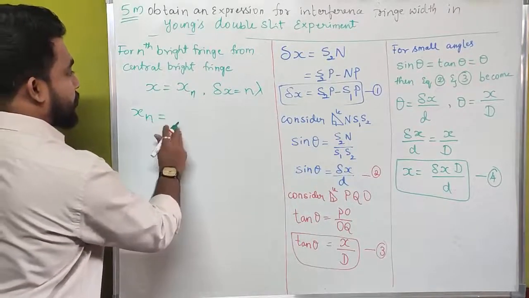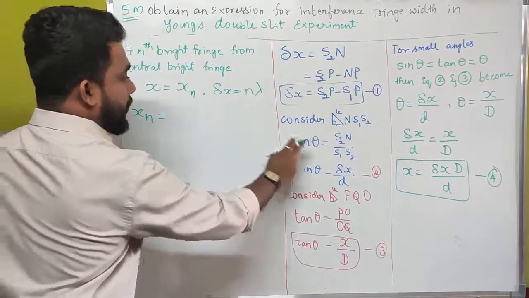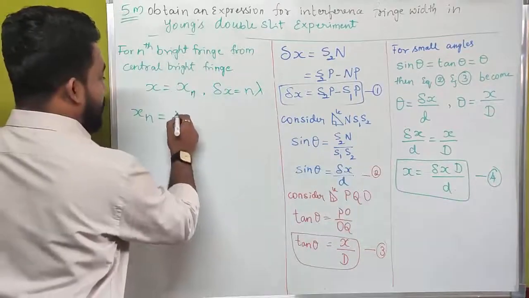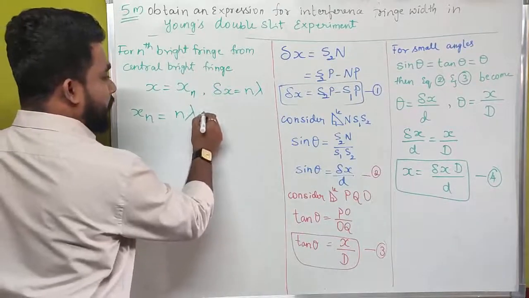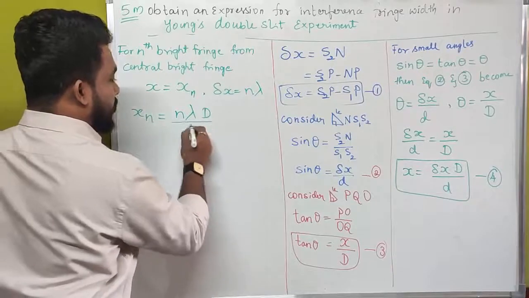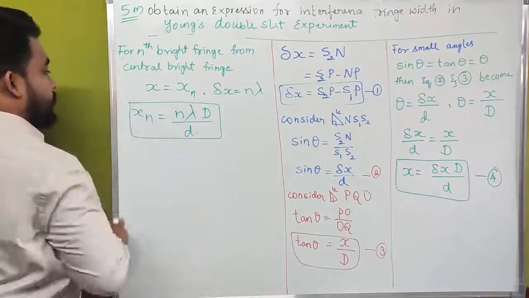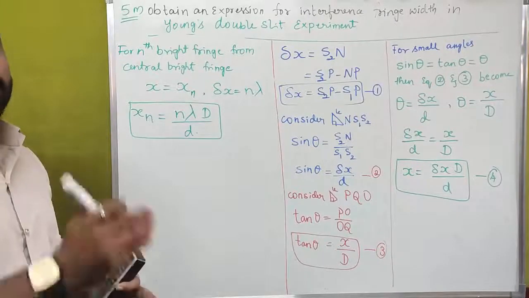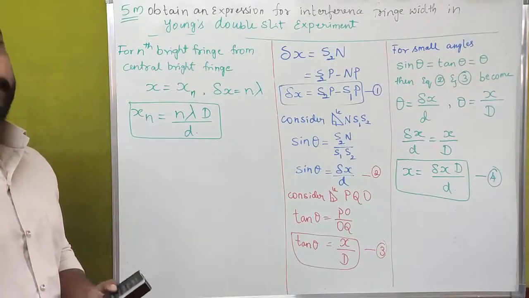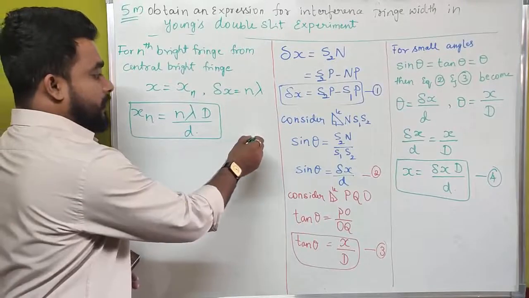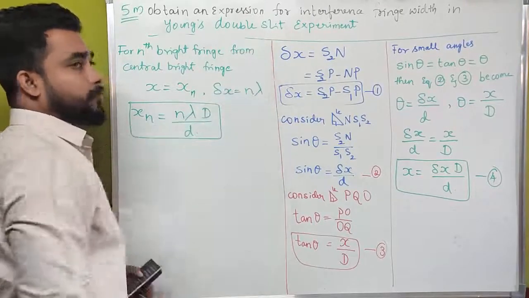Xn is equal to n lambda D divided by small d, since delta x is equal to n lambda. This is our expression for the nth bright fringe from the central bright fringe. Here we had the central bright fringe, and this is our nth bright fringe.